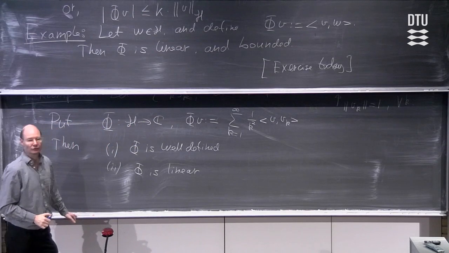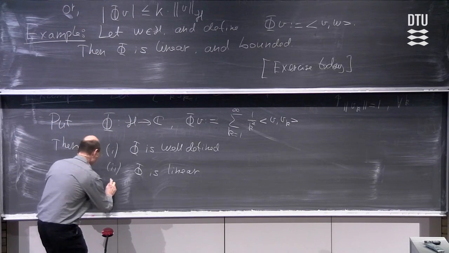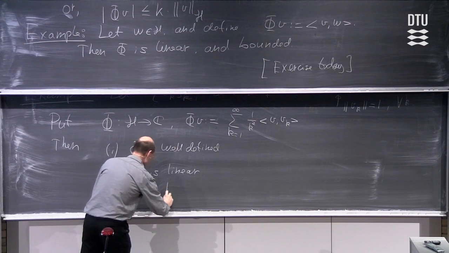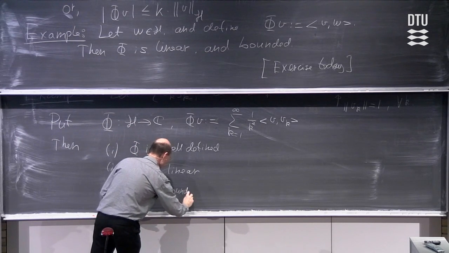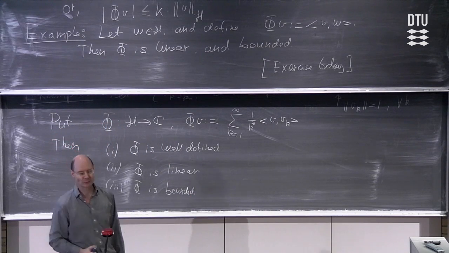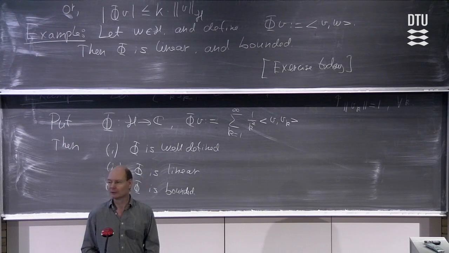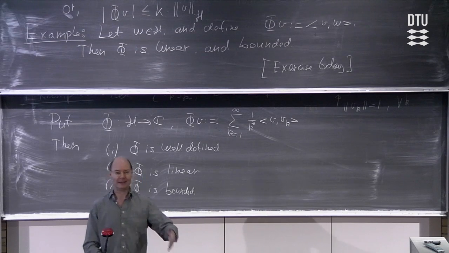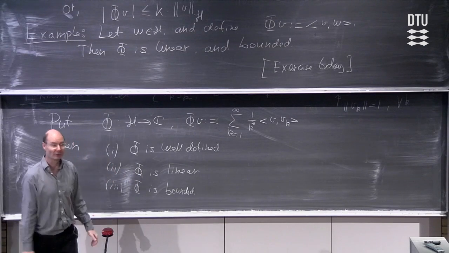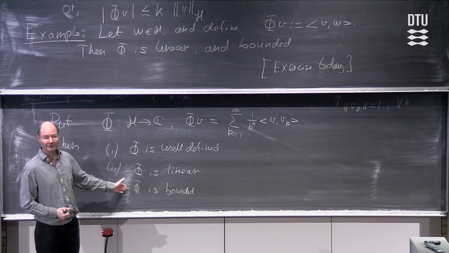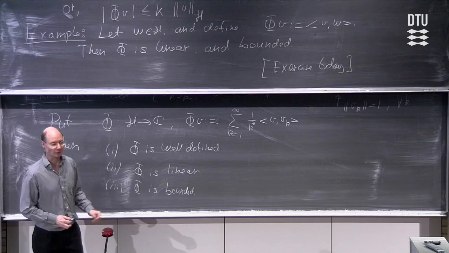And then finally, we show that phi is bounded. This is what I also told you last week, that even though there is a lot of new material in Mathematics 4, there are also some standard exercises that come back again and again. You will know it from last week, and you will see it again this week, that following this program for an operator is something that we'll do repeatedly in this course.